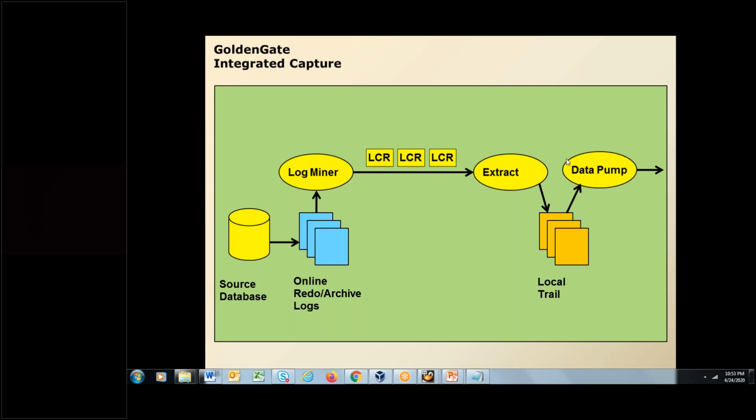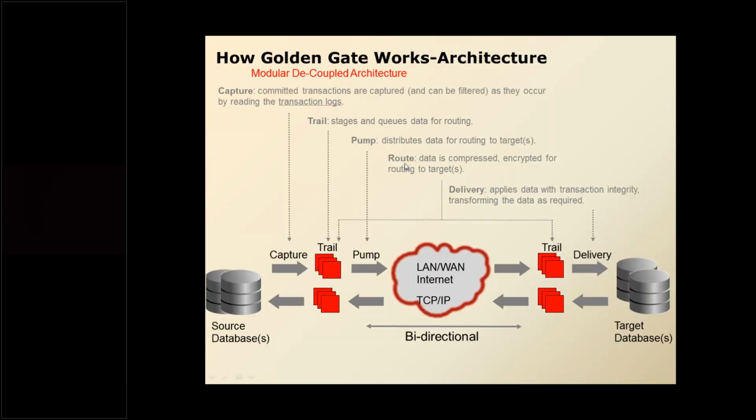Okay, so these are the types of extract and replicat. Let me repeat the architecture of Goldengate before I move to the next things. Each database has its own transaction logs where the transactions get written. The Goldengate capture process reads the data or receives the changes in sequential order, and it receives only committed transactions.